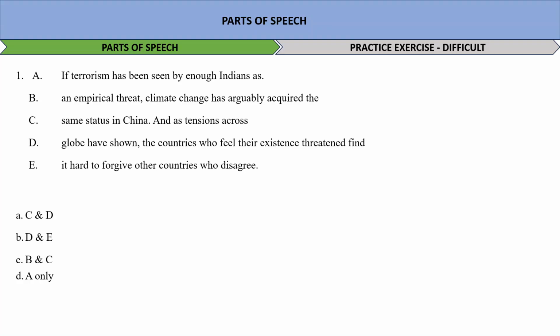First sentence first: if terrorism has been seen by enough Indians as... do I need to use enough at the place where it is used? Doesn't it change the meaning?